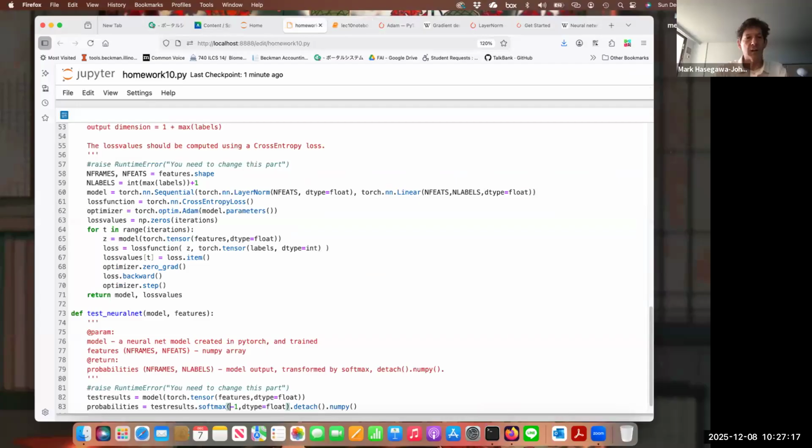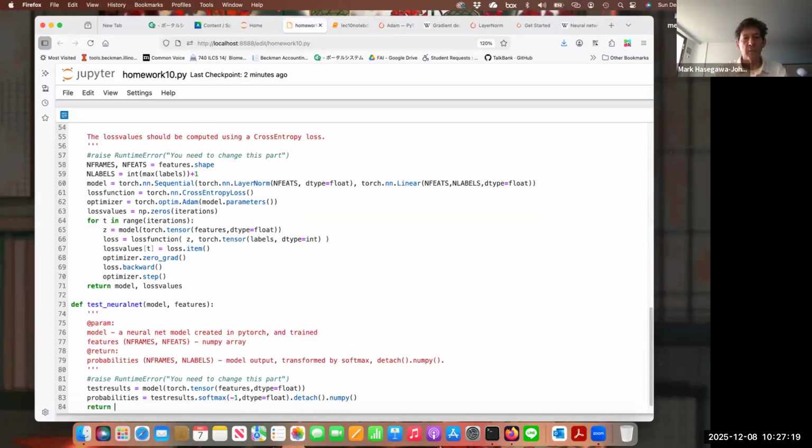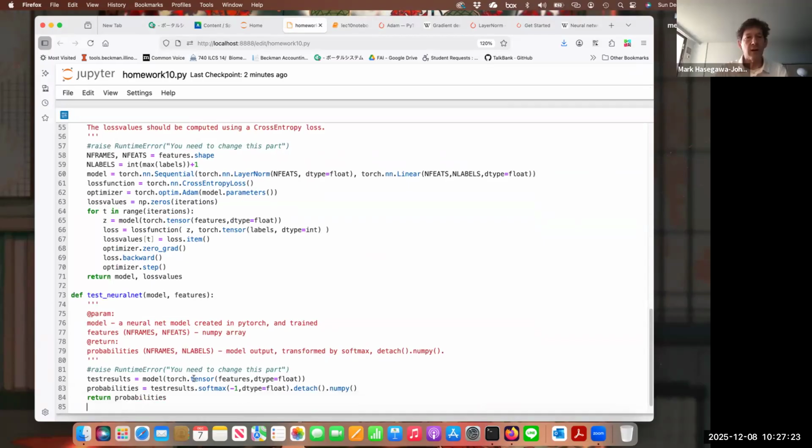And what I want to return to the user here are the probabilities. All right, so now I've applied my neural net model to the input features. I take the features and pass them through the model, then pass the results through a softmax, and then detach them and pass them back to NumPy. Let's test that and see if that was what we needed.